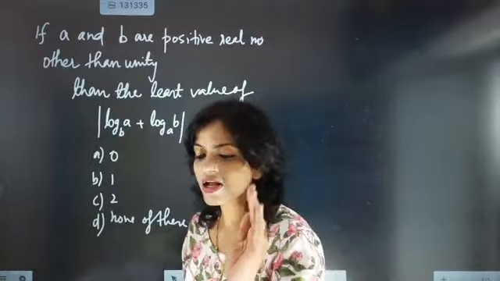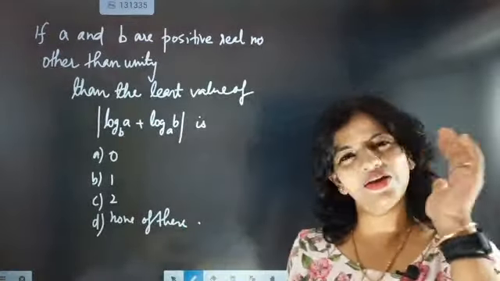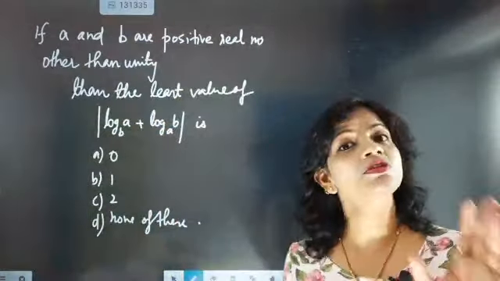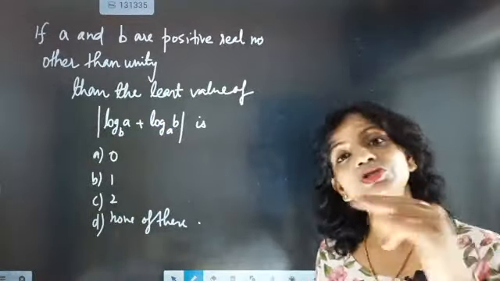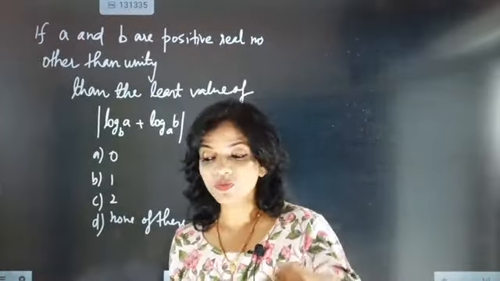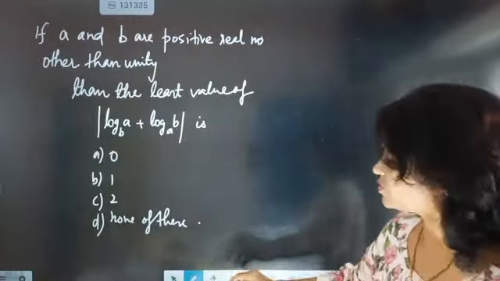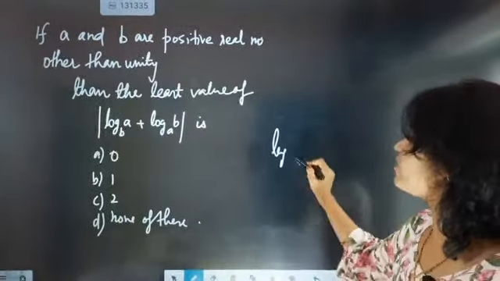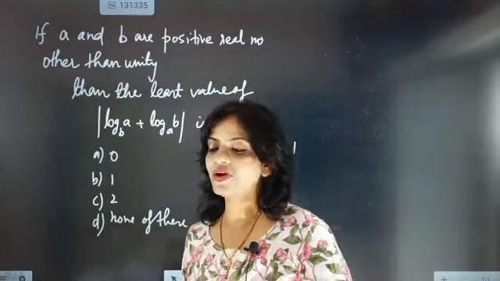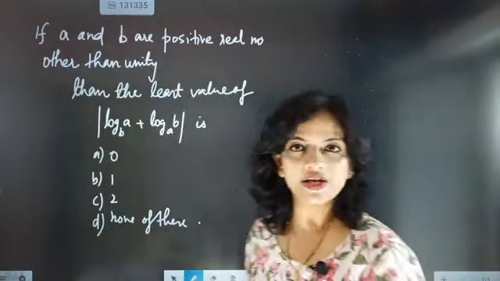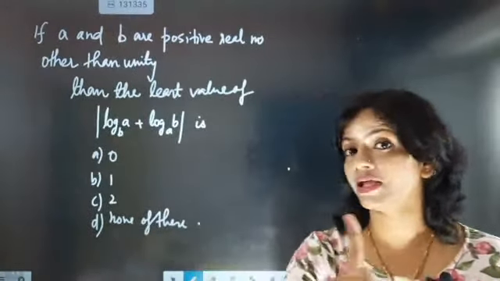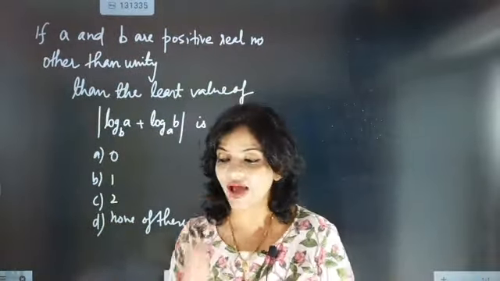Now other than unity means you cannot take A as 1 and B as 1, because the moment you take A as 1 and B as 1, log of 1 is already 0, so the answer will automatically fall to 0. That is what they are cleverly telling you.